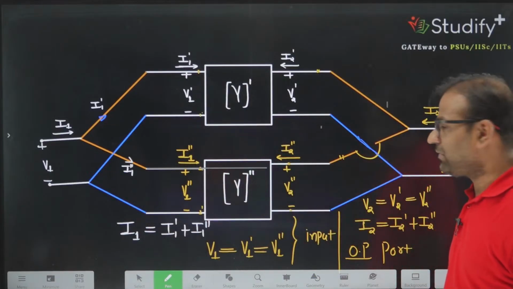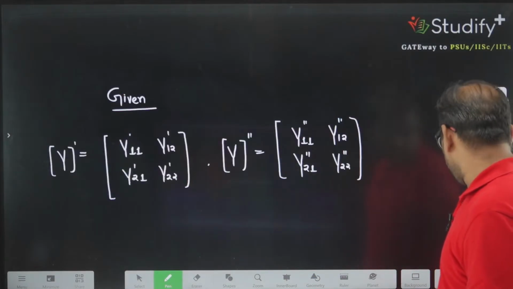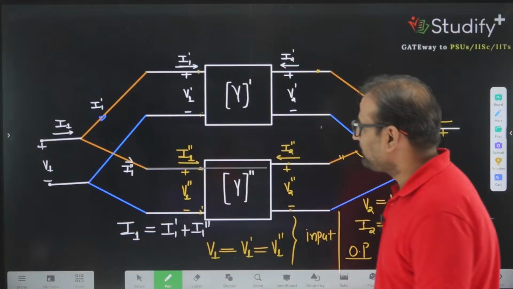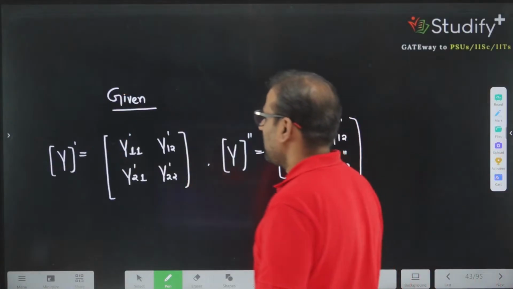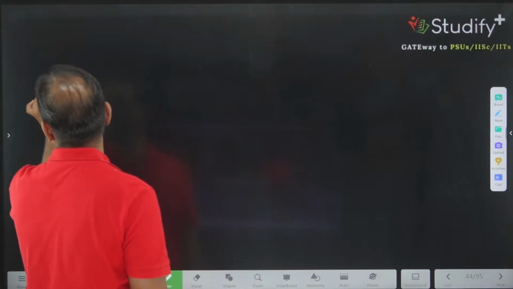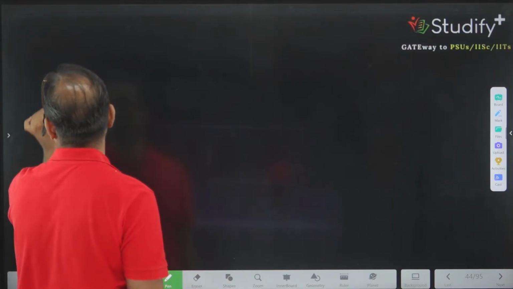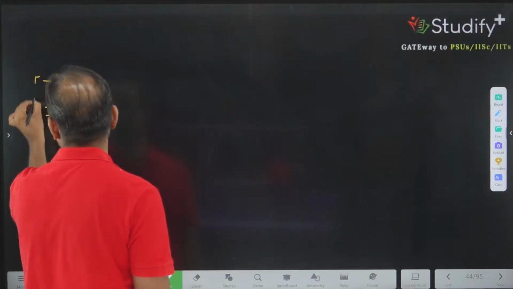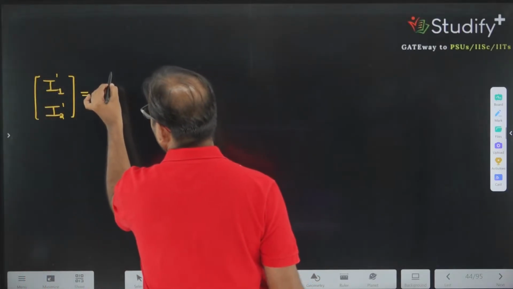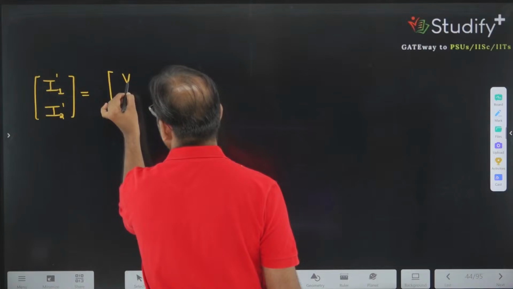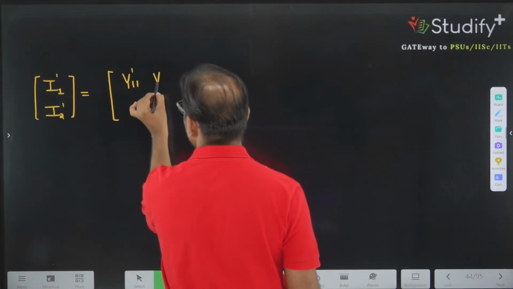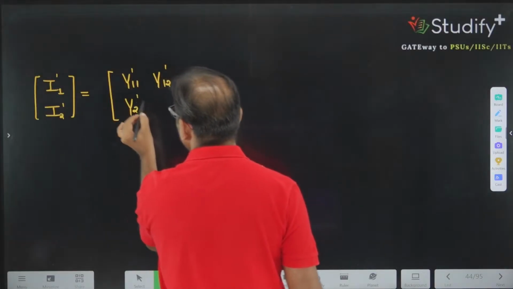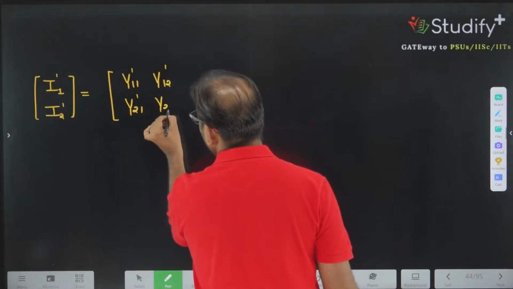So how to write the equivalent of this? Let's write the Y parameter for the first network. So I1 prime, I2 prime, this is equivalent to Y11 prime, Y12 prime, Y21 prime and Y22 prime.